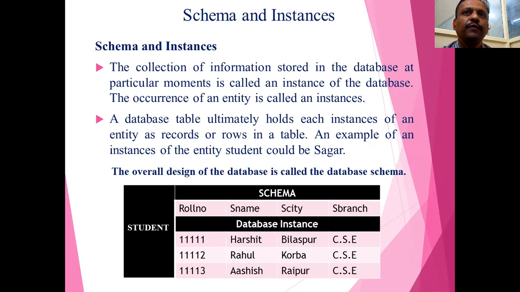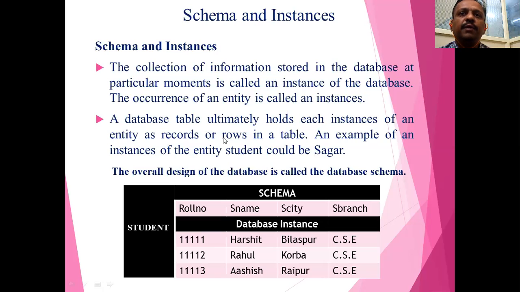The collection of information stored in the database at a particular moment is called an instance of a database. The occurrence of an entity is called an instance. Here you are inserting some values into the schema, so these values are called the instance.